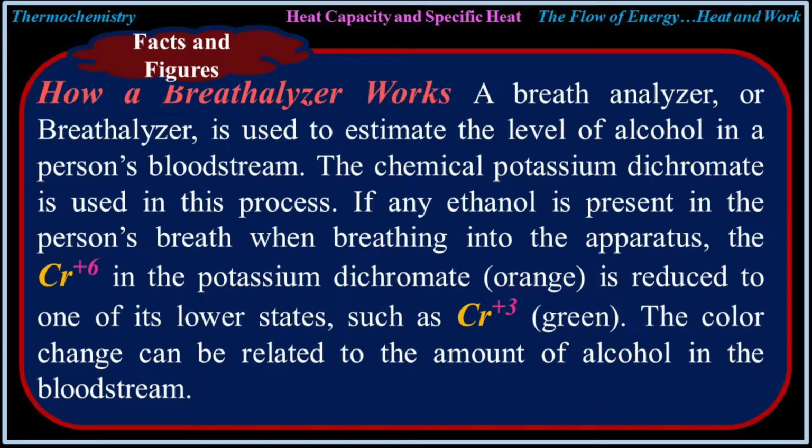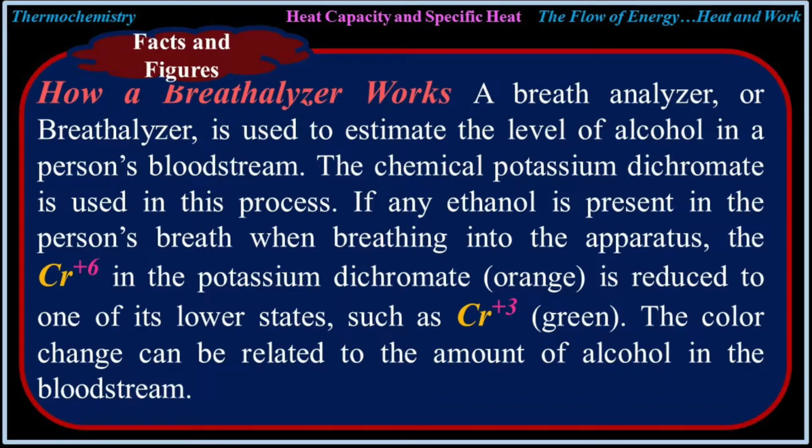How a breathalyzer works. This is fascinating. A breathalyzer is used to estimate the level of alcohol in a person's bloodstream. The chemical potassium dichromate is used in this process. If any ethanol is present in a person's breath when breathing into the apparatus, the chromium +6 in the orange potassium dichromate is reduced to one of the lower states, such as chromium +3, which is green.